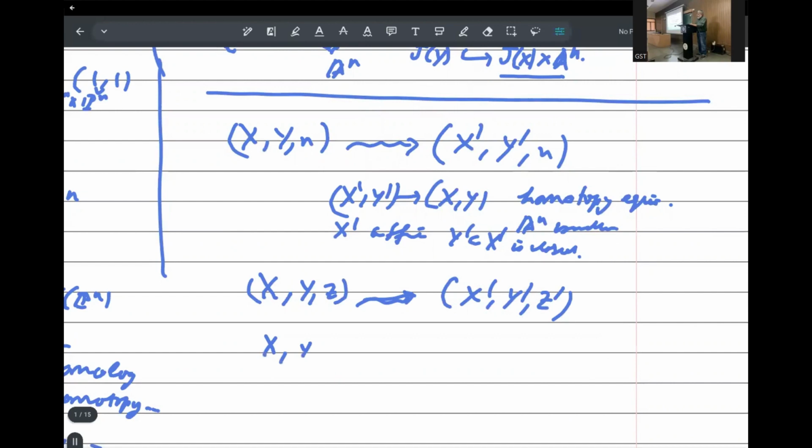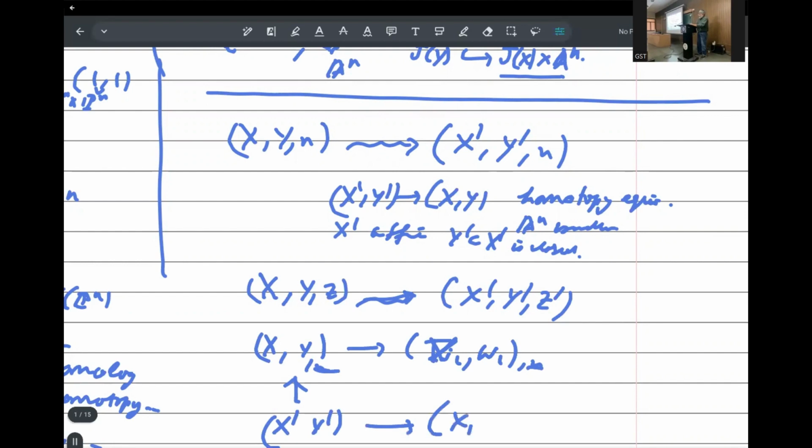map X, Y, let's say to W, T or something like that, X1, Y1, let us say. So what will you do? I mean, with an AN, we want to give a map. So we want to forget the AN, we want to somehow lift it to X prime, Y prime, and then here X1 prime, W1 prime.